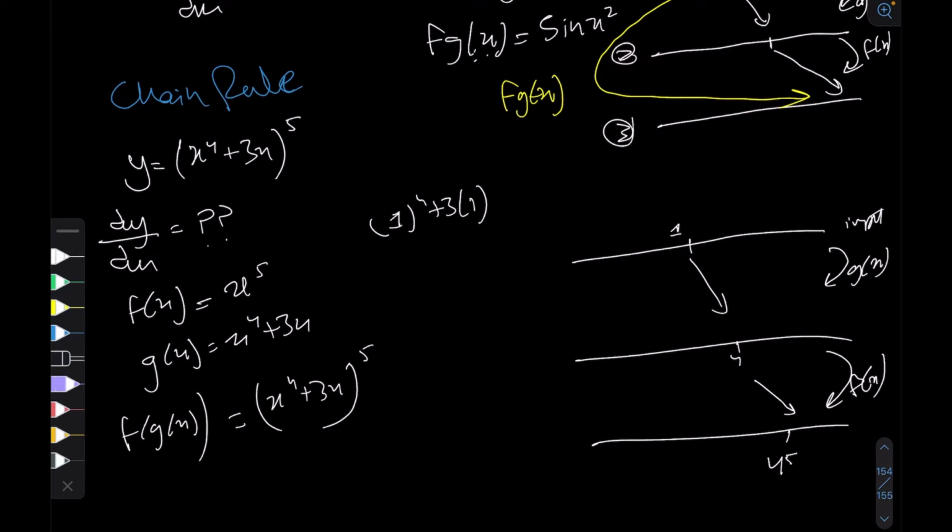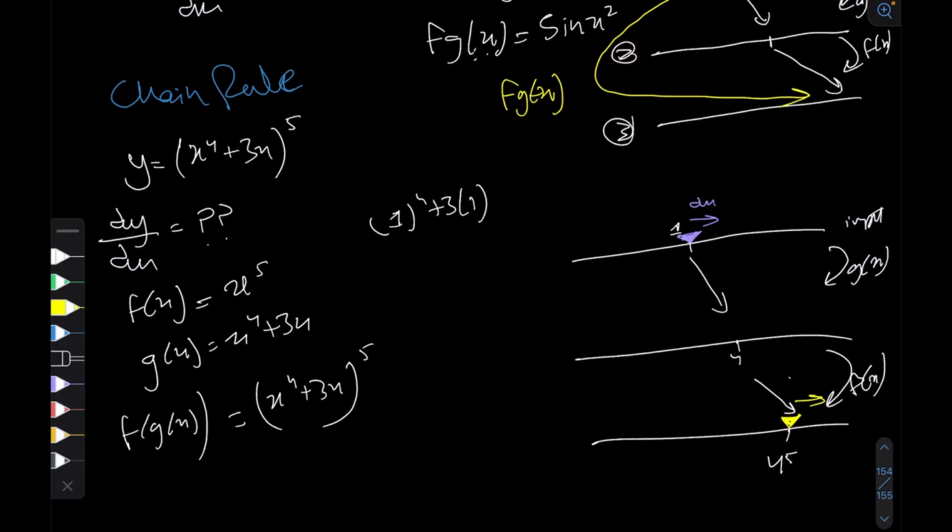So the question that we want to answer is the following. Say there's some slider over here and you change that slider by some dx amount. What we want to calculate is, by introducing that certain dx, what is the change in our output, i.e. what is the change in f(g(x))?